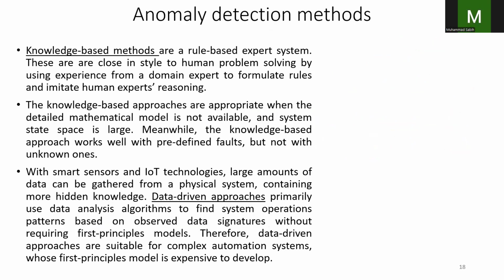Apart from the model-based method, anomaly detection can also be carried out using knowledge-based and data-driven approaches. Knowledge-based methods function like a rule-based expert system, and in some cases, expert systems perform better than even AI-based models. They mimic the reasoning of human experts by applying predefined rules based on their past experience.